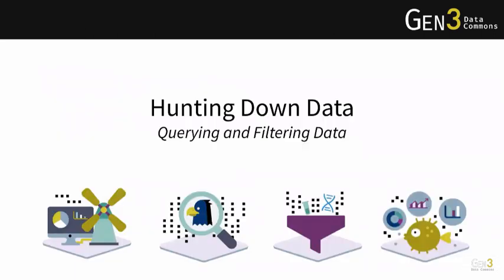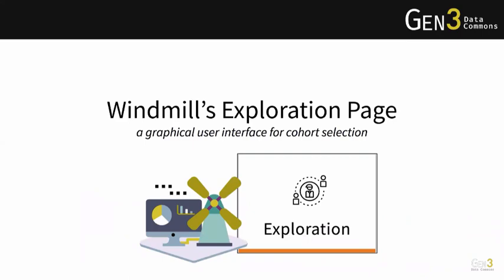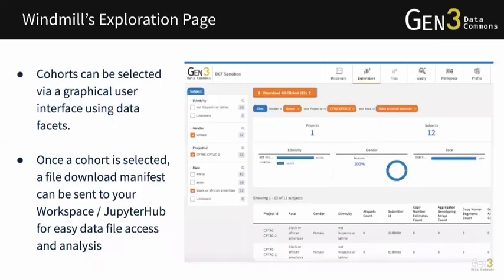Next, I'm going to talk about hunting data down, or querying and filtering the data in your database. First, I'd like to talk about Windmill's exploration page. Windmill's exploration page is a graphical user interface for cohort selection. Certain facets of the data are exposed for selecting cohorts.